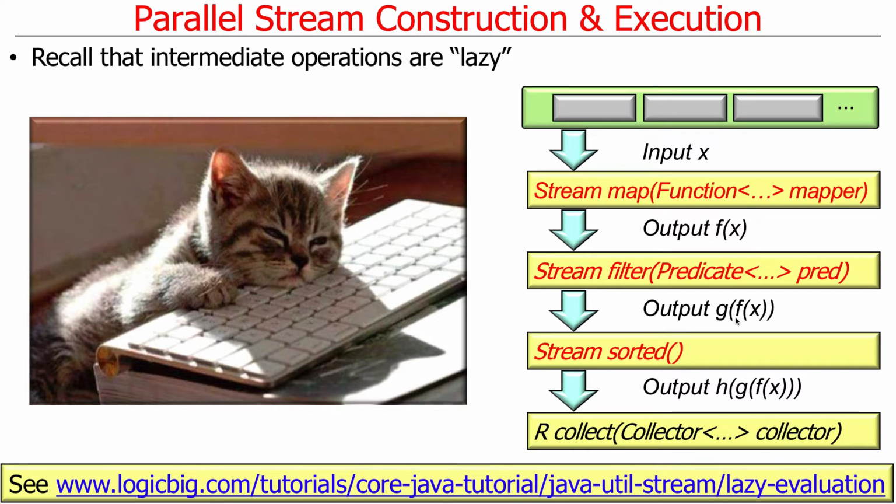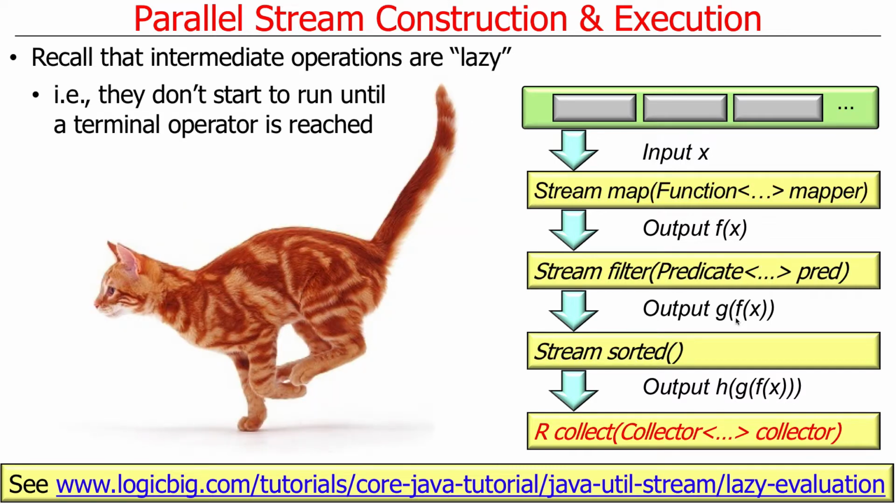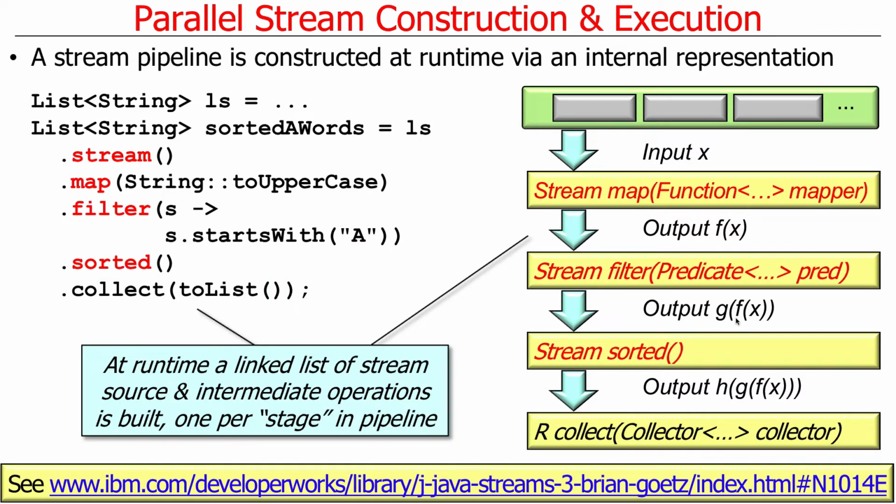If you recall, I mentioned before that intermediate operations in a stream are lazy. They don't actually do anything until the terminal operation is called. When the terminal operation is reached, then the intermediate operations start to run. What does that actually mean?